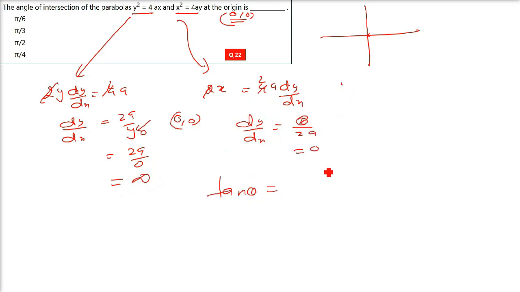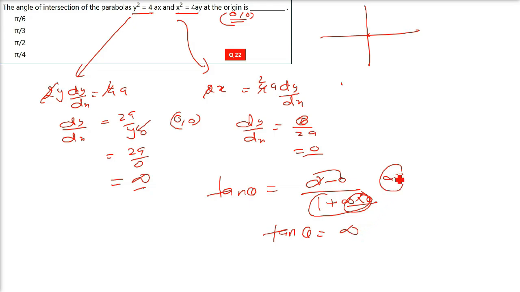So we already know the formula. So I'm just putting it in the formula. Tan theta equals to m1 minus m2. So take m1 as infinite, m2 as 0. 1 plus infinite into 0. So you don't have to worry about the denominator. It is 1 plus something, so it will be 1 only, but the numerator will be infinite, that is a number which we cannot count, and minus 0 will be infinite only, so tan theta will be equal to infinite.